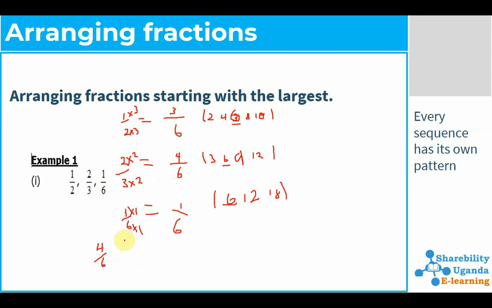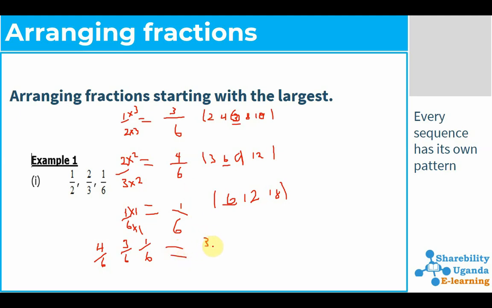Then 3 out of 6. Then 1 out of 6. But we have our 1 out of 2. Therefore this means our 2 out of 3 is the biggest.